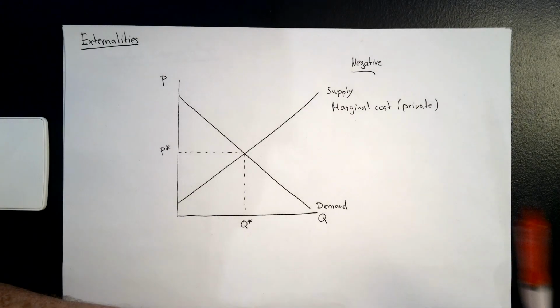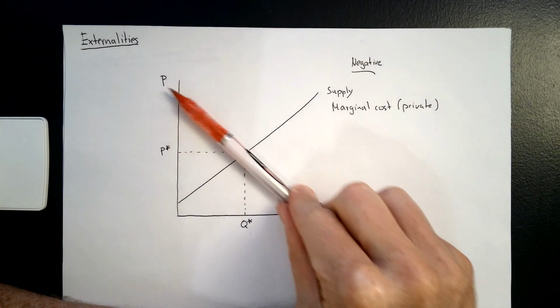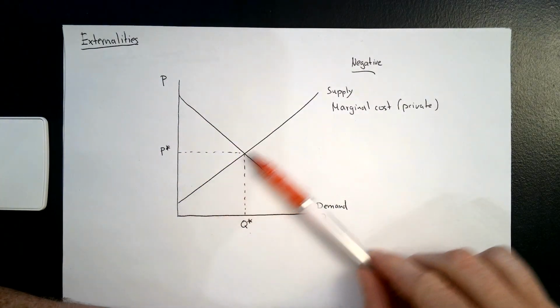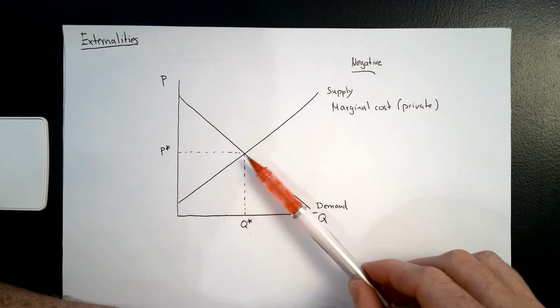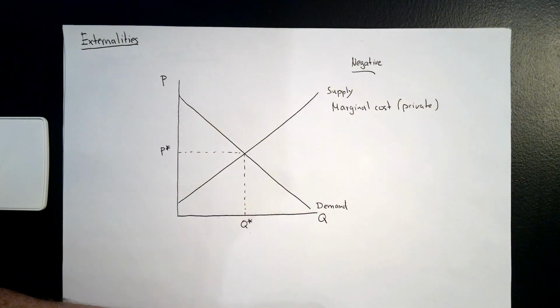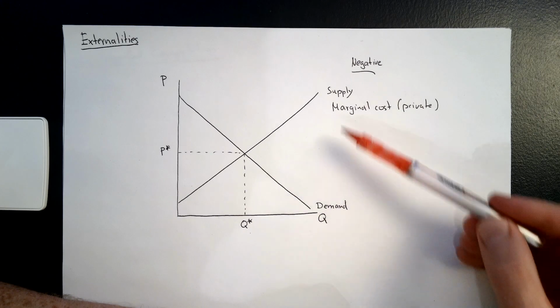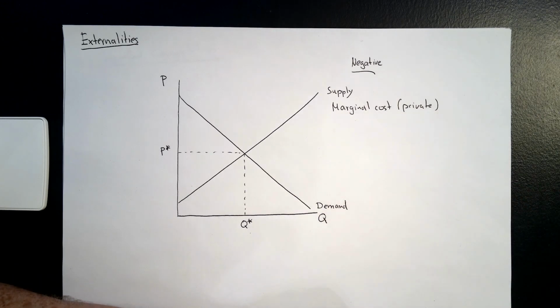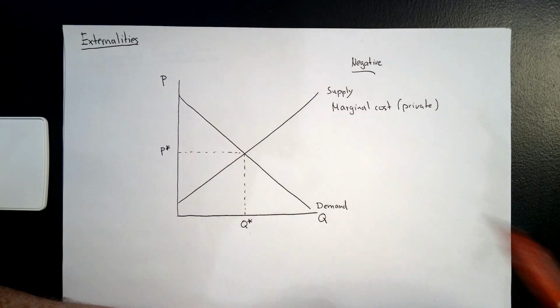So if you're thinking about cigarettes, for example, you have the demand for cigarettes, you have the supply of cigarettes, there's an equilibrium price and a quantity, but for each unit consumed of the cigarette, there is not only the cost of producing that cigarette, but there is a cost in terms of healthcare that is shifted to society.